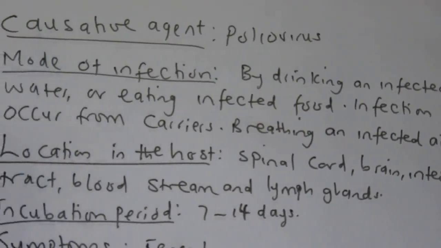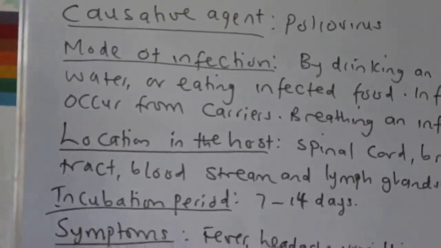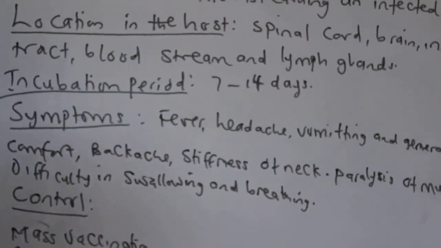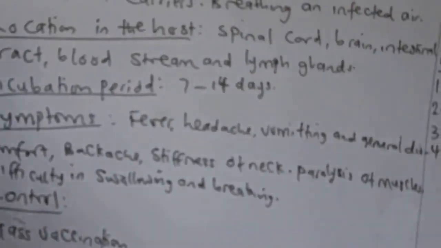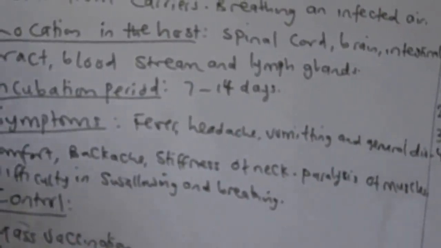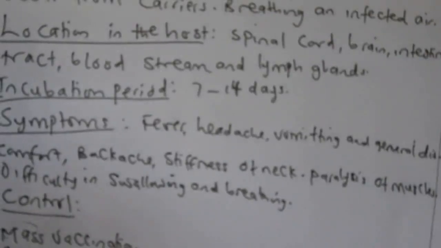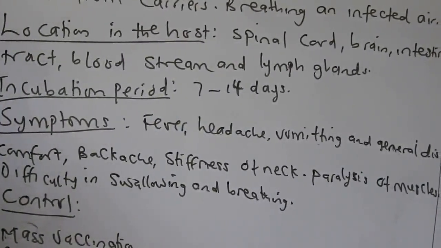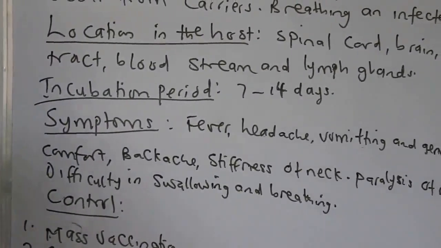The symptoms include fever, headache, vomiting, and general discomfort. We can also have backache. We have stiffness of the neck, where the neck becomes so stiff. And then we also have paralysis of muscles. The muscles of the body become paralyzed and inactive. And then we can also have difficulty in swallowing and breathing.